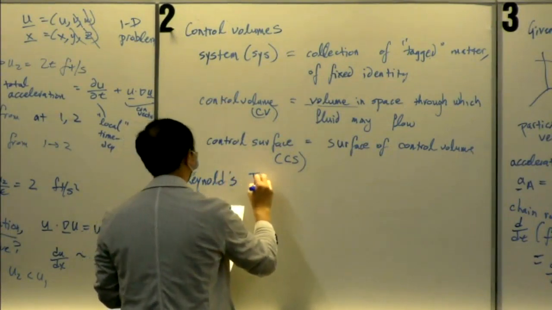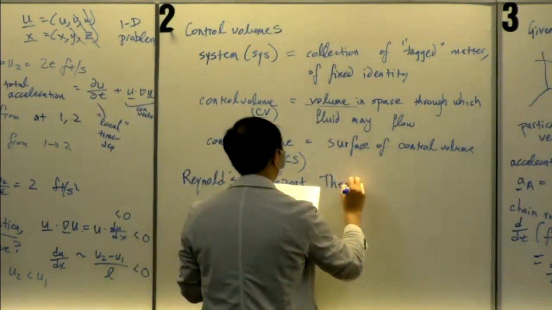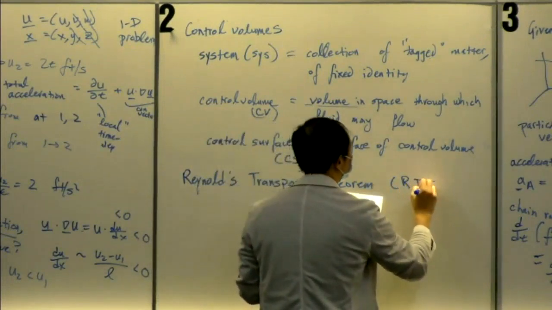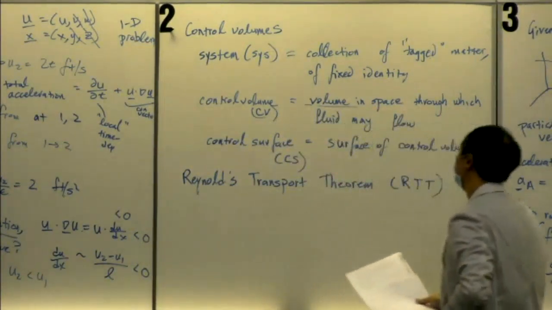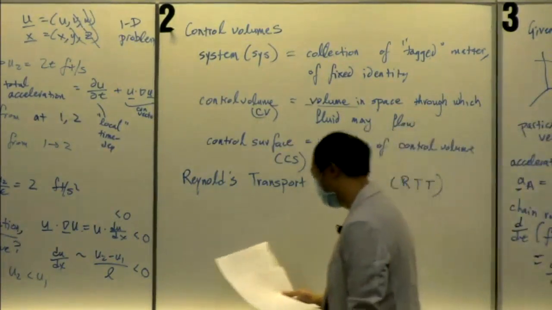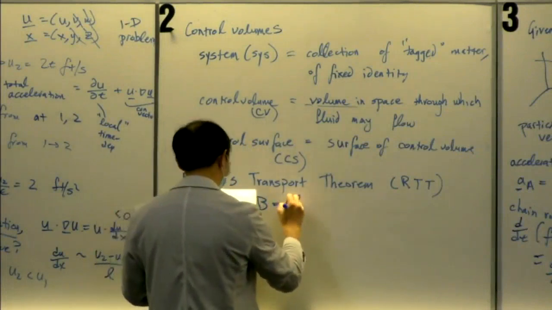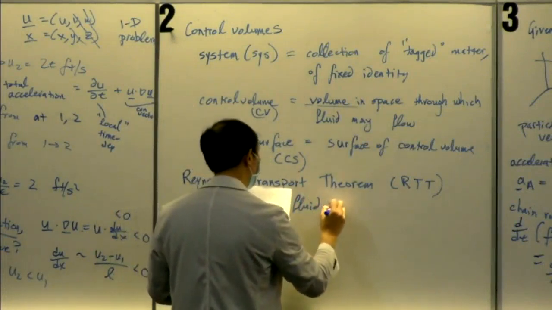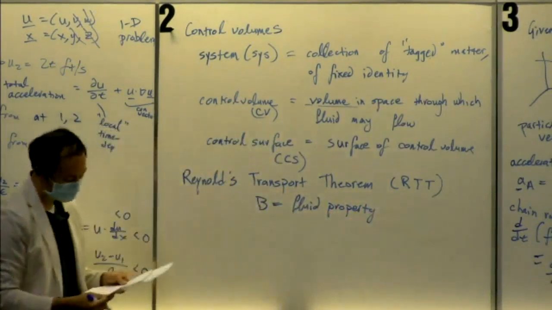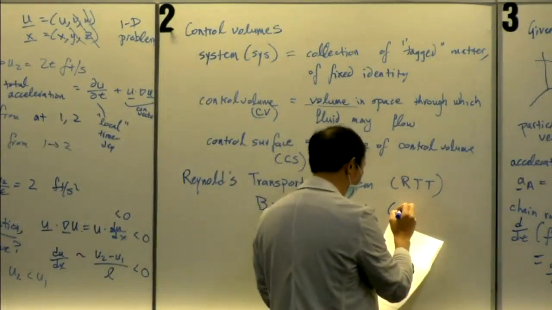All right, so Reynolds transport theorem is the backbone of all the things that we're going to do. To be honest, I'm not going to be talking about Reynolds transport theorem in the quiz, but all the Lagrangian equations that we're going to use are from here. So capital B is going to be some fluid property, something that has units of mass or momentum.